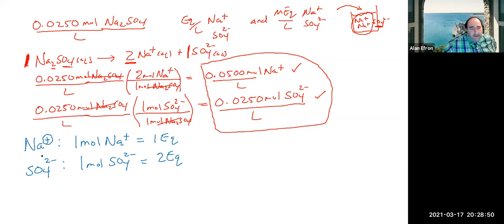Again, the 2 is where we get that from the charge. And we're going to use these as conversions, and we're going to convert each of these separately into their equivalents per liter and milliequivalents per liter.